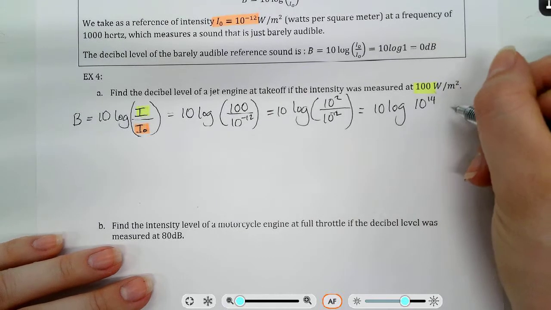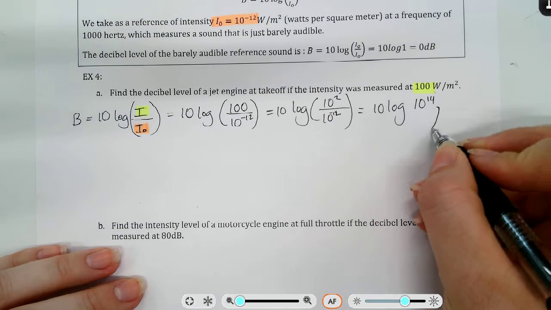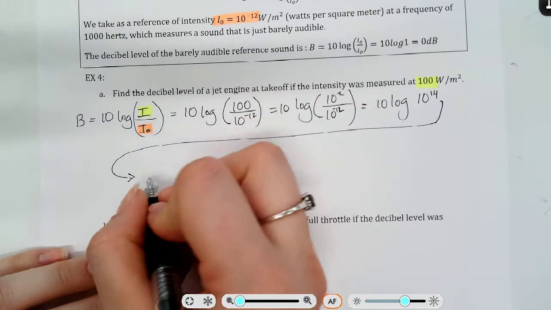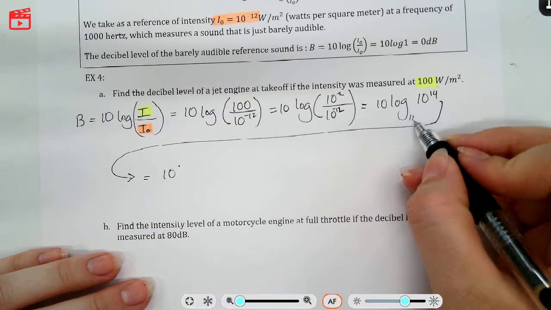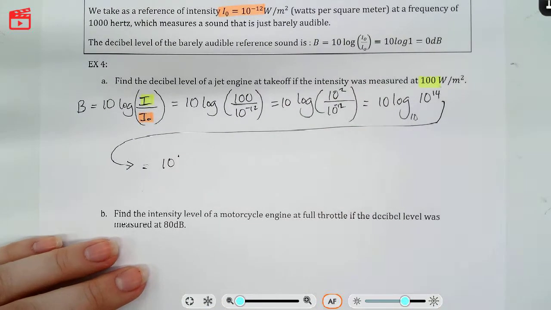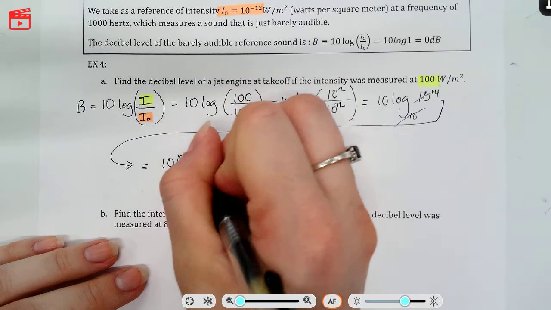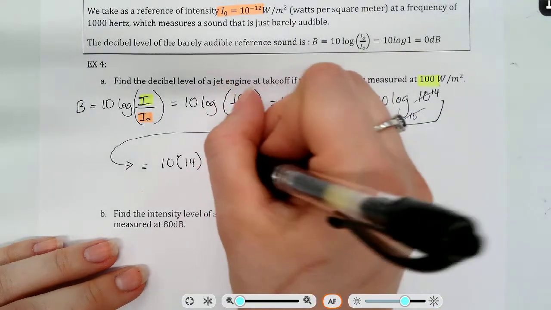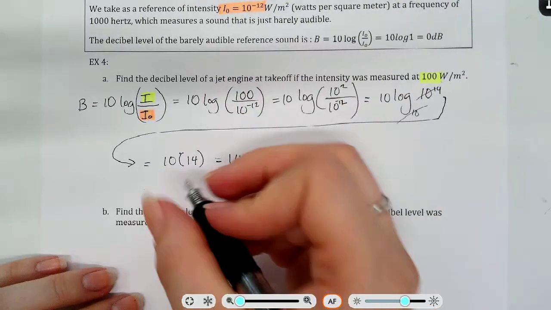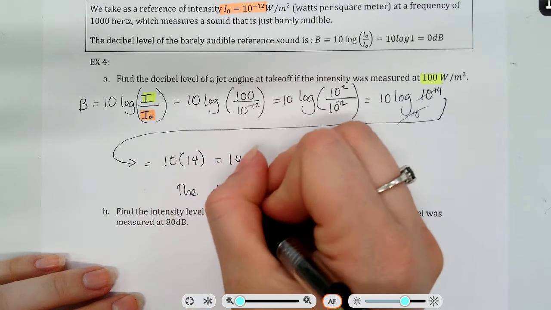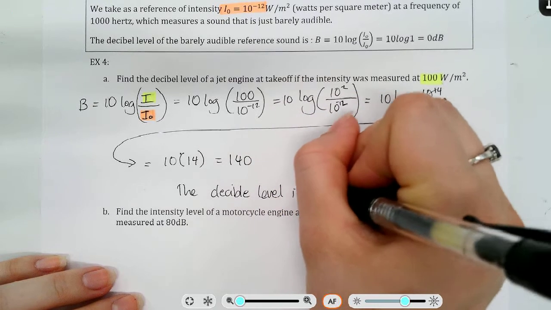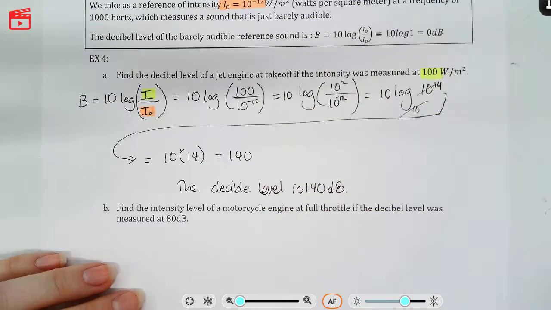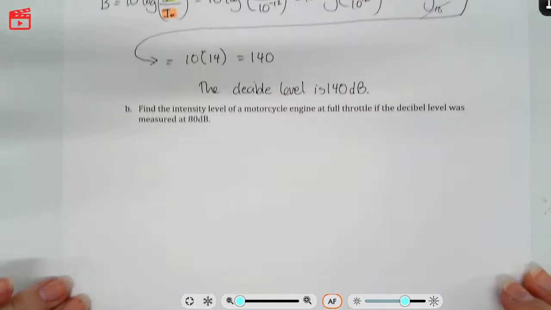Simplifying that, log base 10 of 10 to the 14th power, these can cancel each other out, and we're just left with 14. That's times 10, so 14 times 10 equals 140. All right, so our answer is the decibel level is 140 decibels. Lowercase d and capital B.